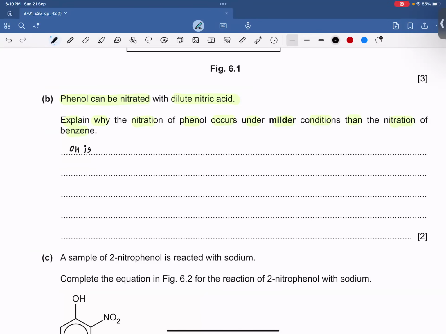So OH is an ortho-para directing group. It donates electrons into the benzene ring. So it increases the reactivity and electronic density.